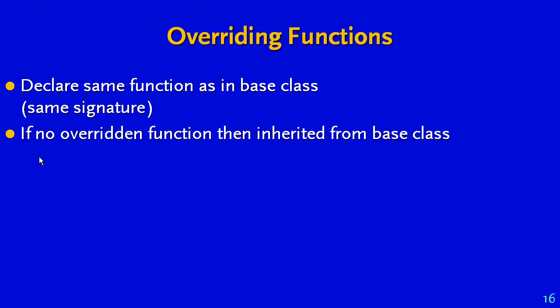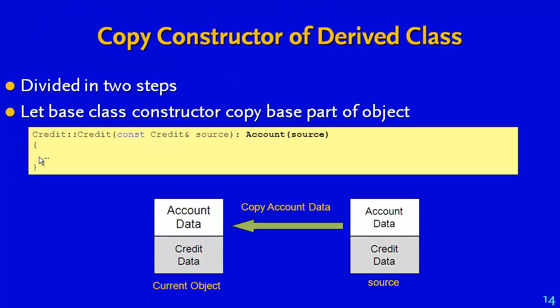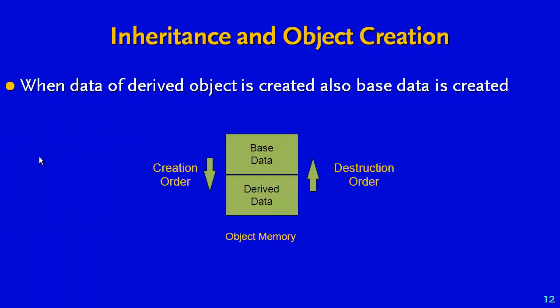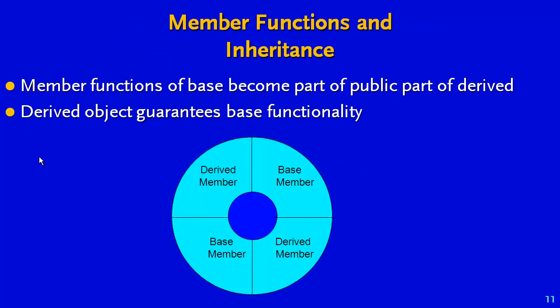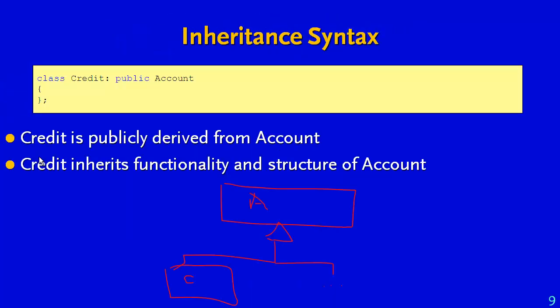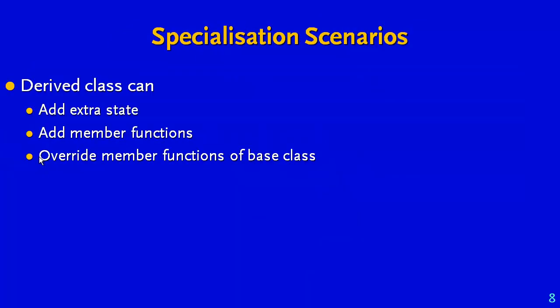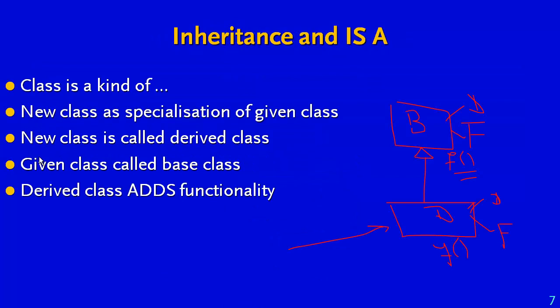So let me go back to my original diagram. Here we are. In this case my derived class was the credit account class. Base class was account, of course. My f in this particular case was display.